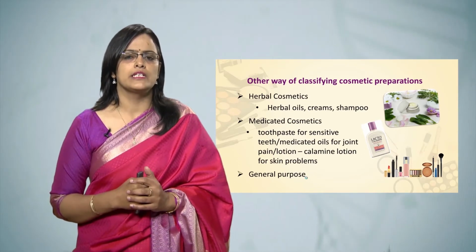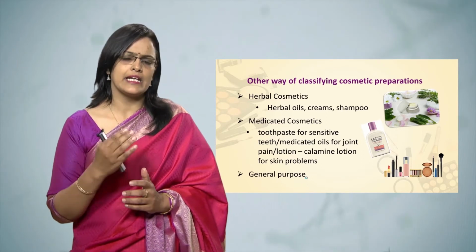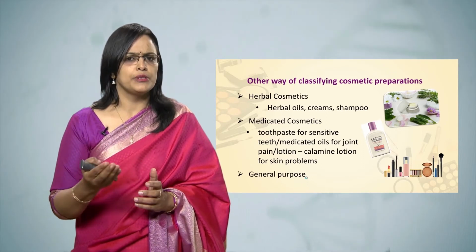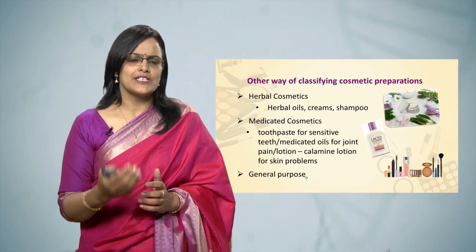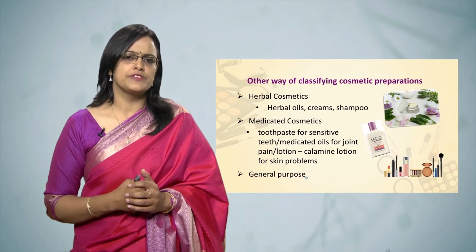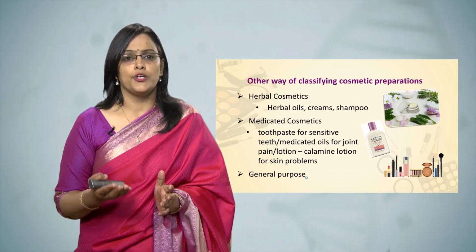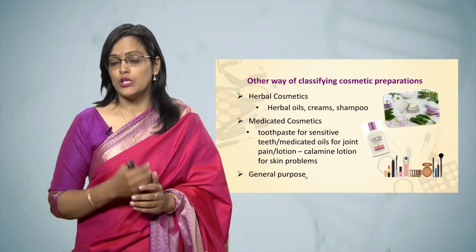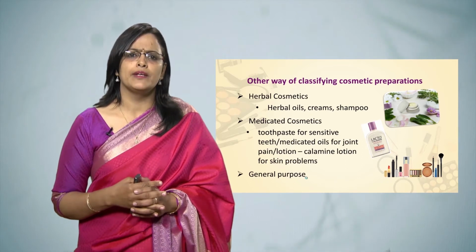Medicated cosmetics, where some additional medicated ingredients are added. For example, toothpaste for sensitive teeth, Sensodyne is an example of a toothpaste which is available. Medicated oil for joint pain, you might have heard of Dr. Ortho oil, that is for joint pain.